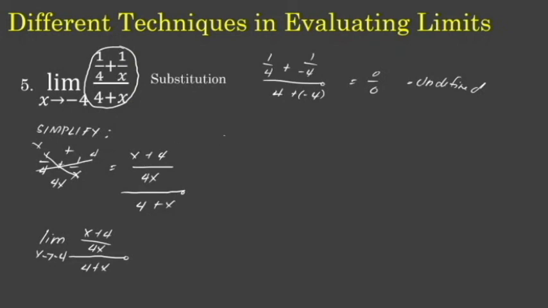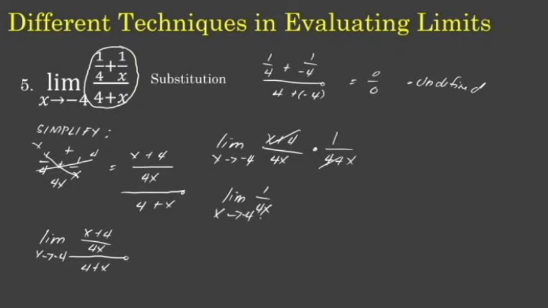So we have the limit of x plus 4 over 4x times 1 over 4 plus x as x approaches to -4. So we have, cancel na lang yon, ang matitira na lang sa atin ay limit of 1 over 4x as x approaches to -4. Ayan.